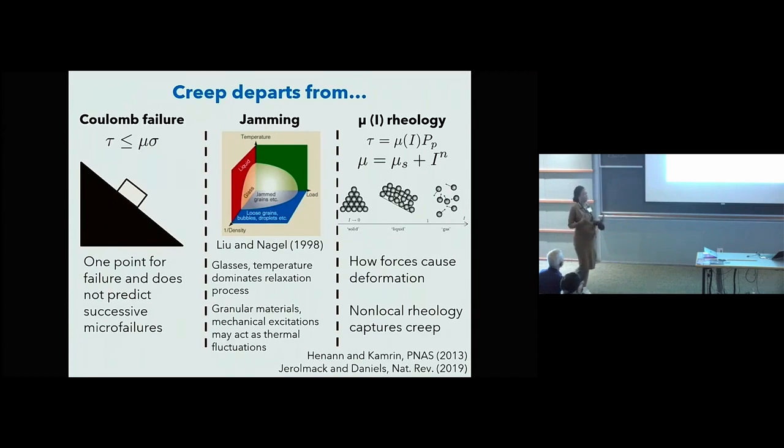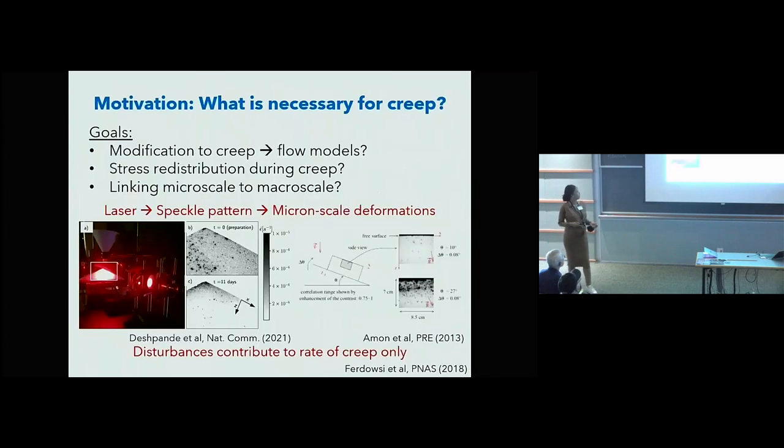So hopefully with the experiments, we can complement these types of modifications to models as a way of testing their effectiveness. That's what's motivated the work that I'll share with you all today. Our goal with the experiment is to learn a bit about the basic mechanisms behind creep, and then to ultimately test these modifications to creep and flow models, such as the ones that I've described.